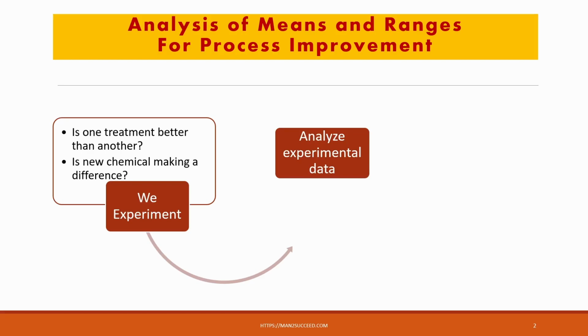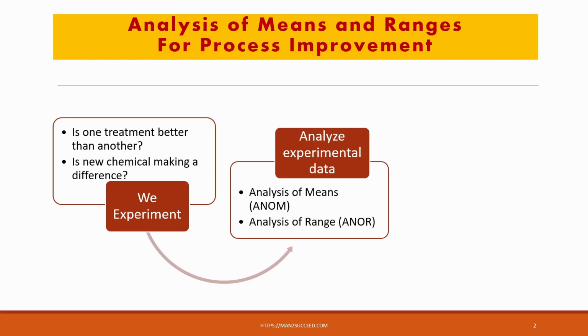If we want to test the experimental result, that is, one comparing with others or any change in two means, we check whether they are comparable or significantly different. The data will be collected based on the experiment.